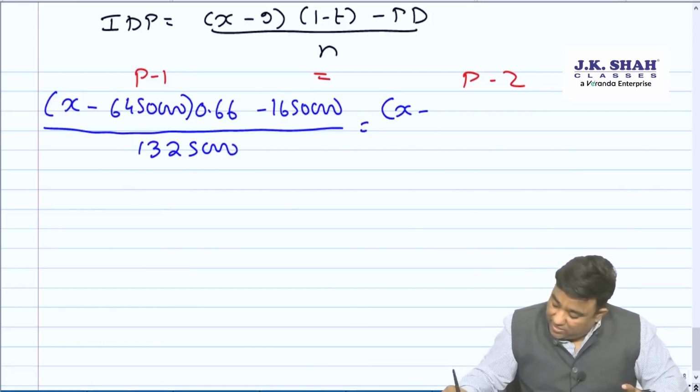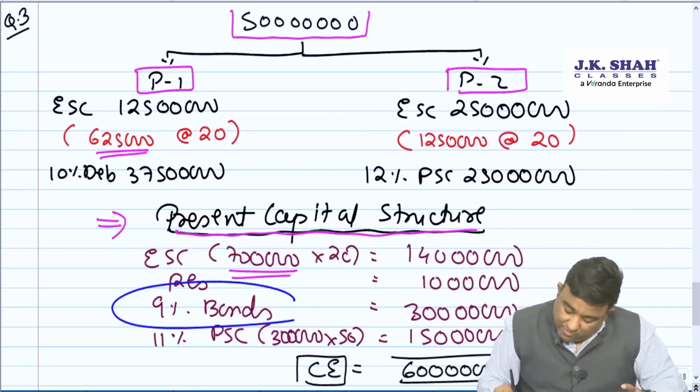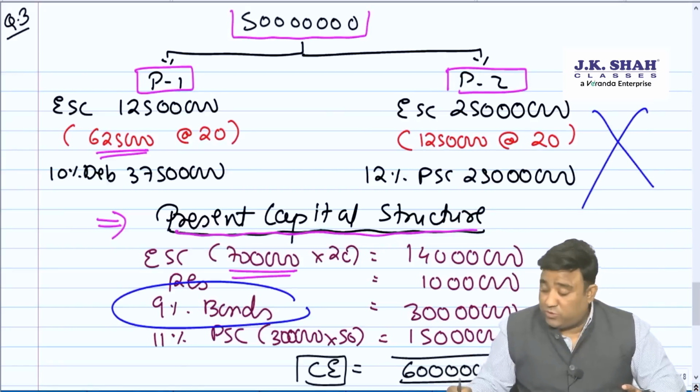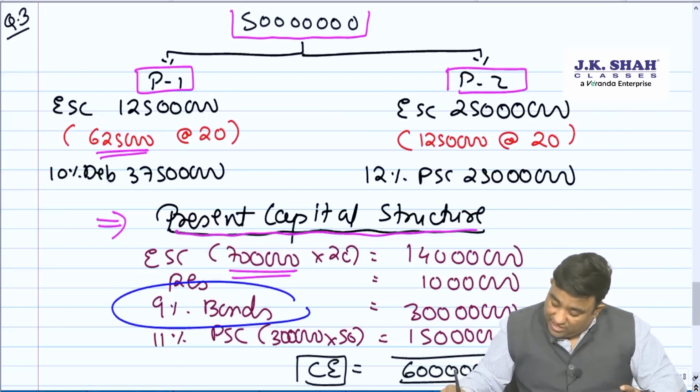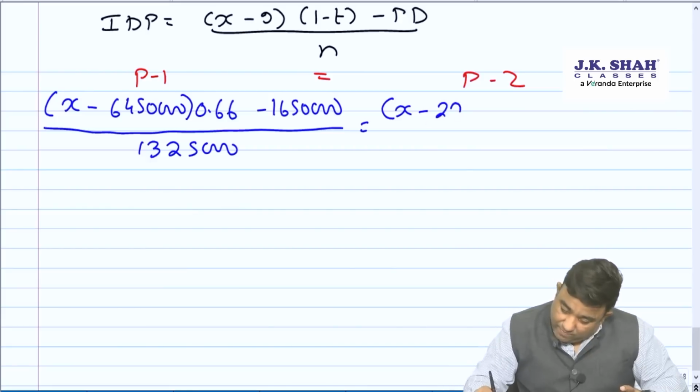Plan 2, X minus. Come on, student. Interest. This will be constant, but there is no new interest in plan number 2. So we are very safe on this. It is 9% of 3 crore, 27 lakh. 1 minus T, 0.66.